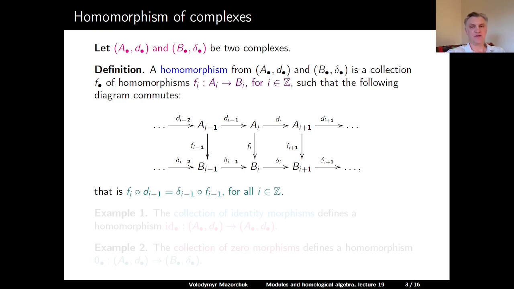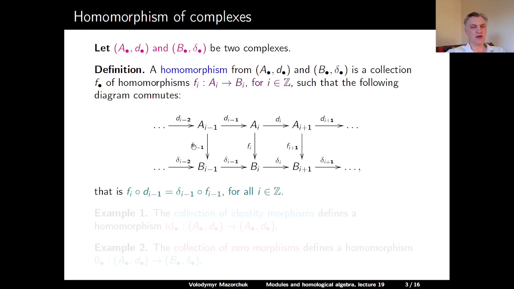In other words, the following diagram commutes. So we draw in the first line our complex A, d. So we have A_{i-1}, and then d_{i-1} goes to A_i, and then d_i goes to A_{i+1}, and so on. And in the second line, we have our complex B. So we have dot, dot, dot, and then a morphism into B_{i-1}, then delta_{i-1} goes to B_i, then delta_i goes to B_{i+1}, and so on.